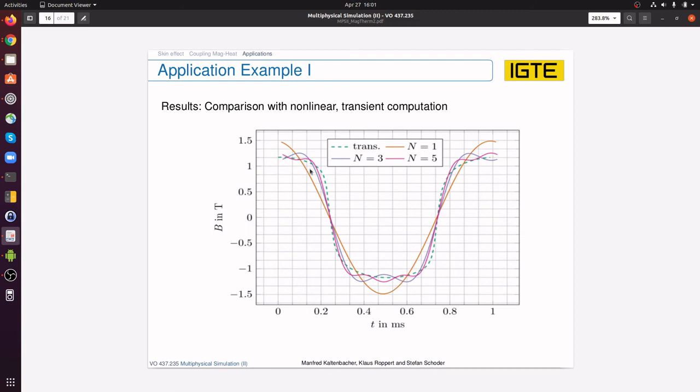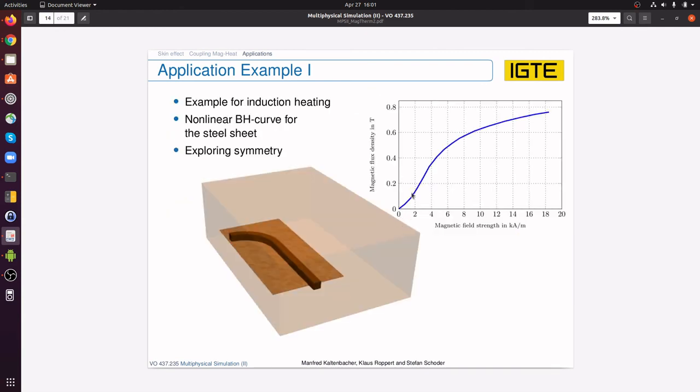Here you can see that it's not very well represented. Even if we consider n equals 5, so 5 harmonics, we still have some major oscillations here, mainly due to the Rayleigh region here, which is increasing the number of needed harmonics.